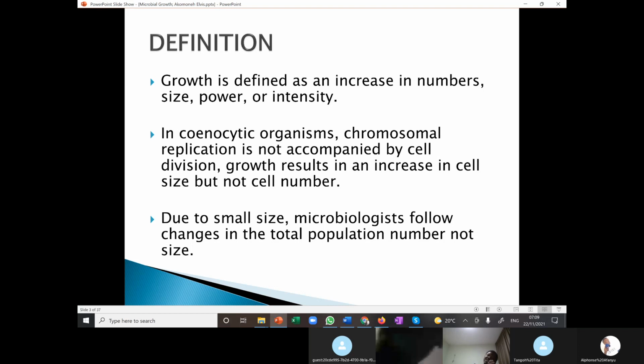When a microorganism divides, we usually say it has grown. When an organism divides over and over, in microbiology, we say the organism is growing. That is what microbial growth is, an increase in cell number.